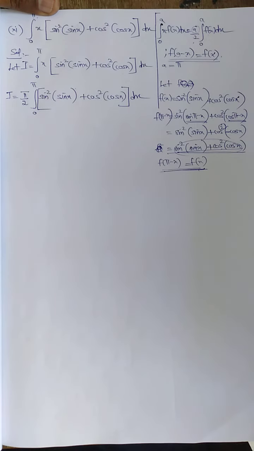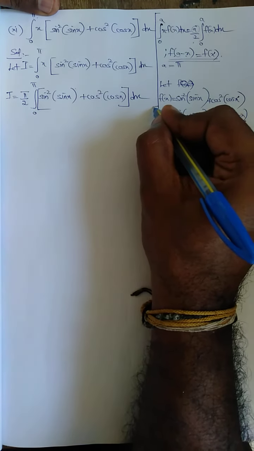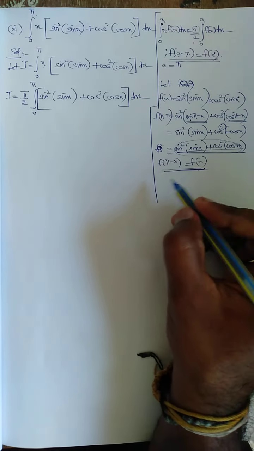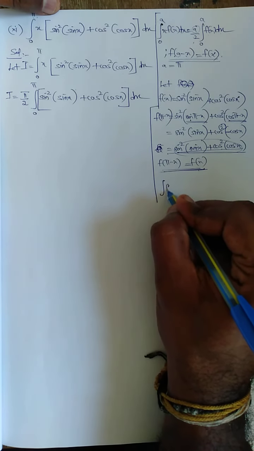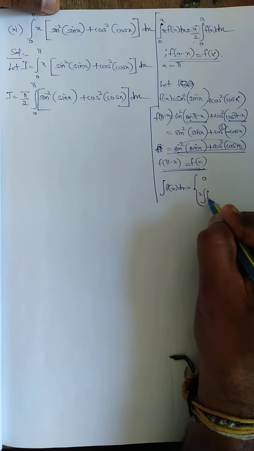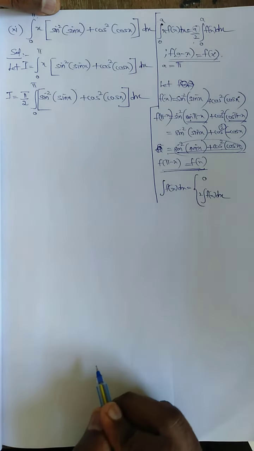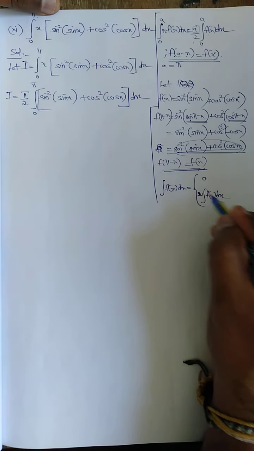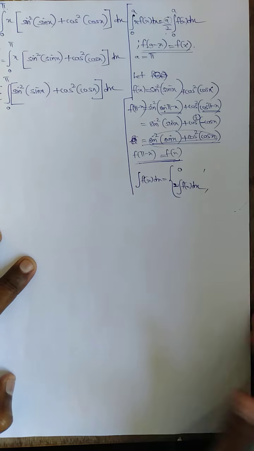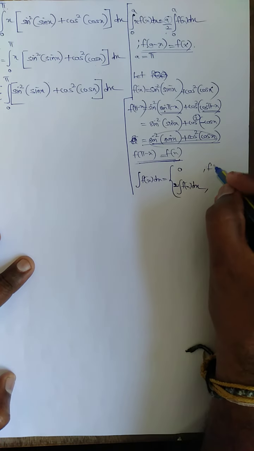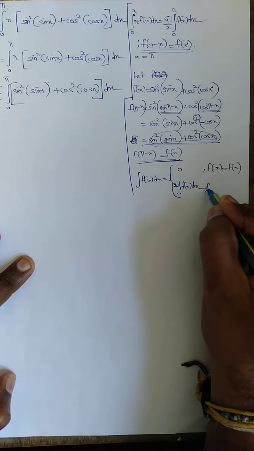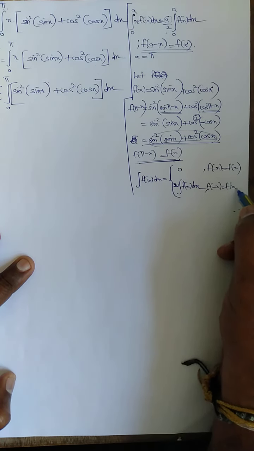Now I am going to apply another property, the odd or even property. You know, the integration of f of x into dx has two values, one is 0, another is 2 into the integral of f of x into dx. These have conditions: one condition is when f of minus x is equal to minus f of x, or f of minus x is equal to f of x.